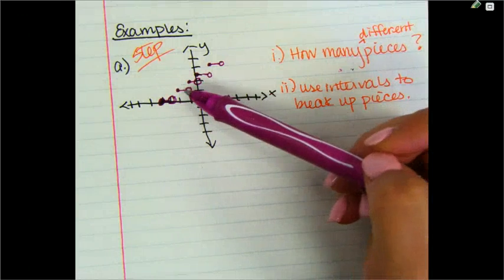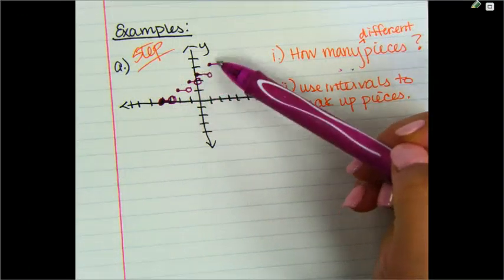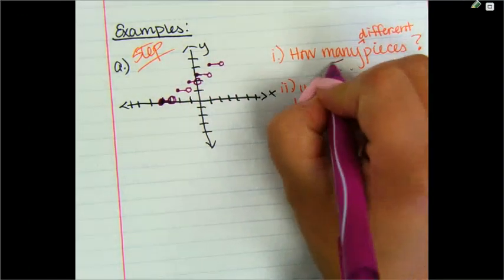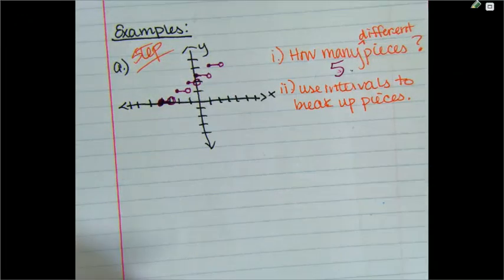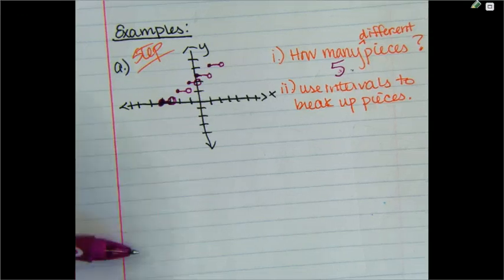There's 1, 2, 3, 4, 5. Right? So that's easy. There's 5. The next one says break up into intervals. So how many intervals should I have? 5. If I have 5 steps or 5 pieces, I need 5 intervals. Make sense? Should be the same.